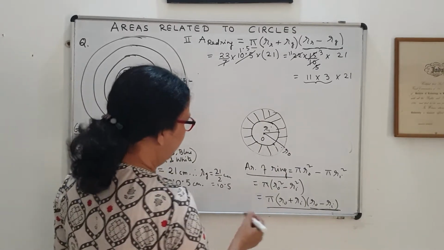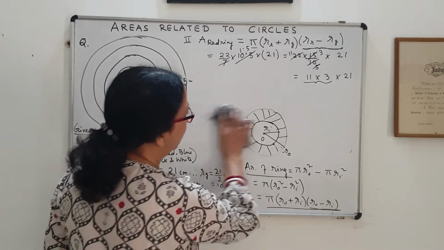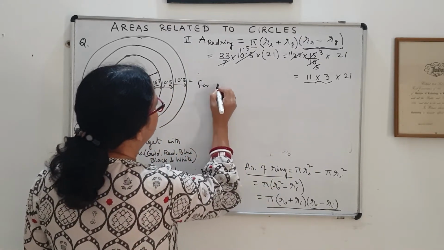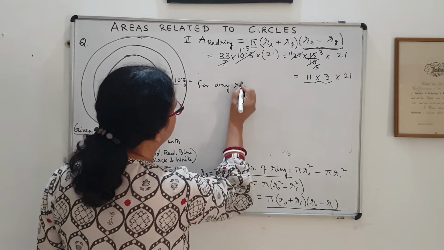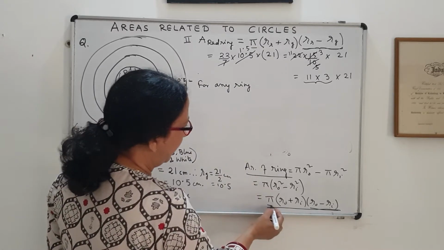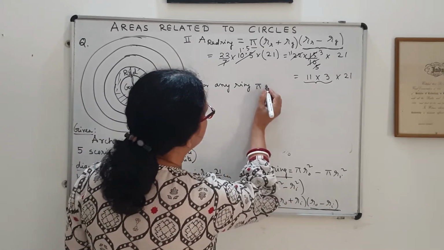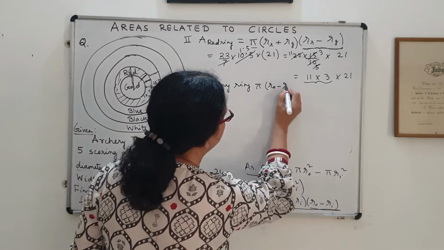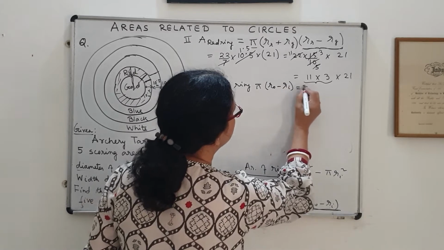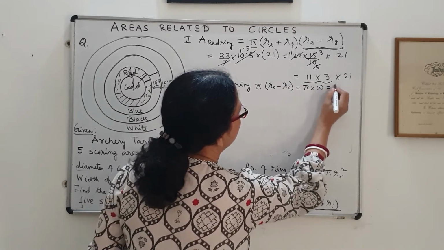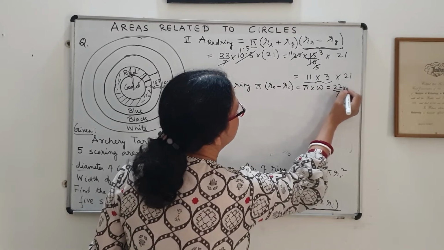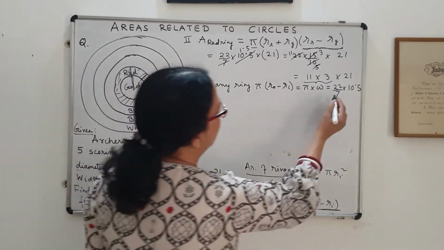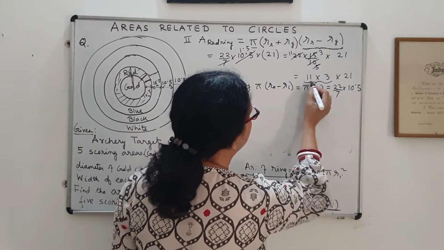Let me write here, as I have shown you, for any ring this part, pi into (Ro minus Ri), is pi into the width, which is 22/7 times 10.5, and that came out to be 11 into 3.